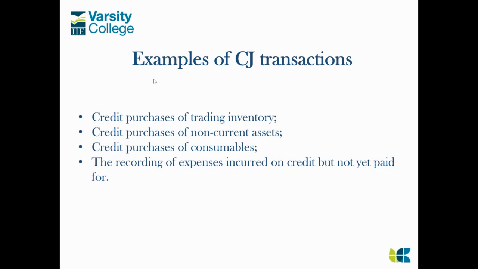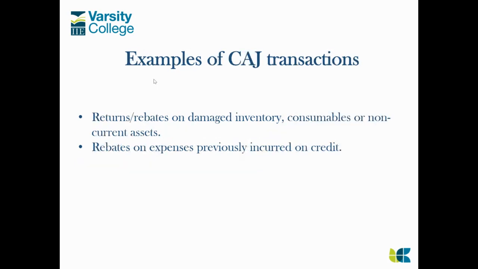The recording of expenses incurred on credit but not yet paid for. So when it comes to the creditors journal, it could literally be anything that we are buying on credit. Creditors adjustment, like I told you, is for rebates and returns from us, the business. Remember, when I say us, when I say we, I'm talking about the business.